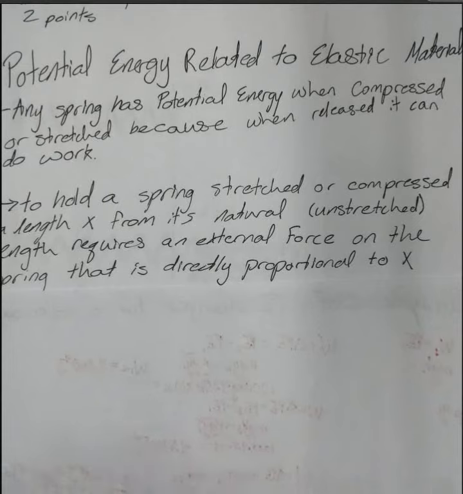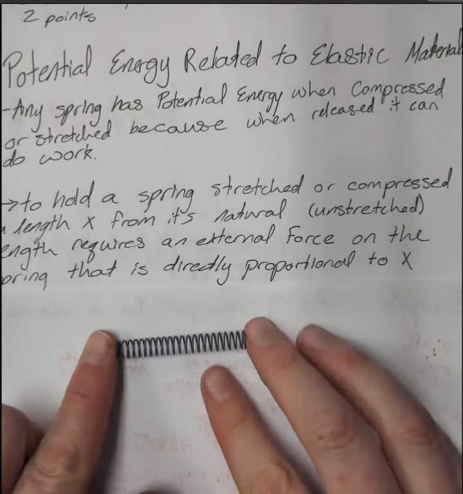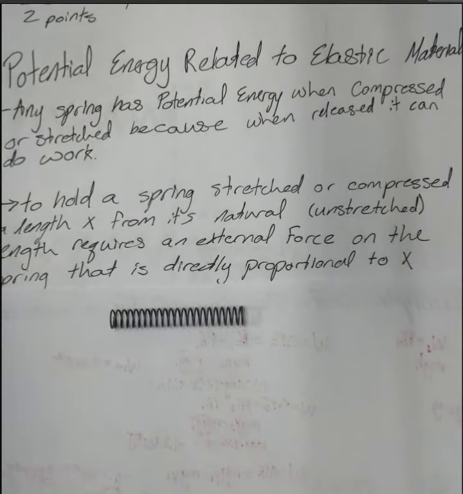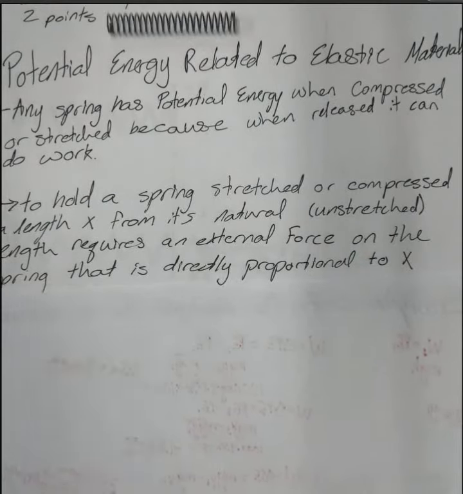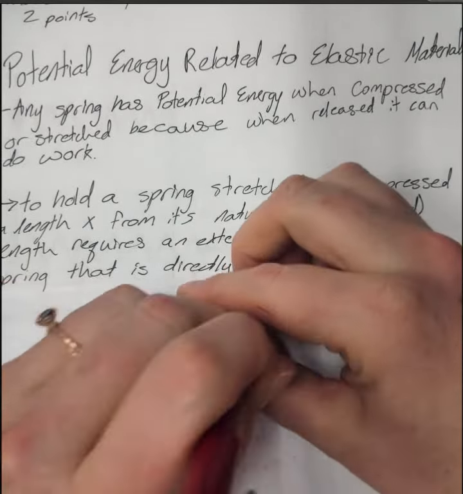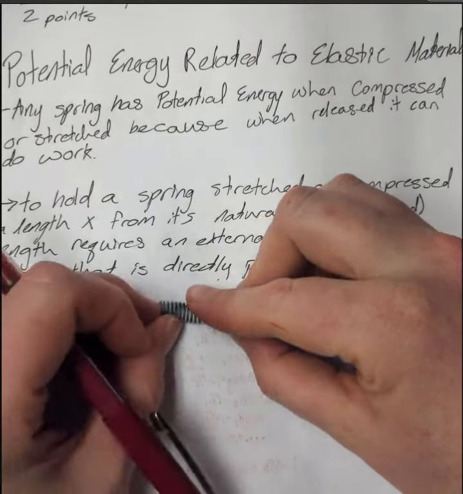So, in other words, this spring, set just like this, is at its relaxed length. It's the length that it would be when there's no energy stored within the spring. If I'm going to compress that spring, the amount that I compress it is called x. So here we set its relaxed length, and now I compress it x.